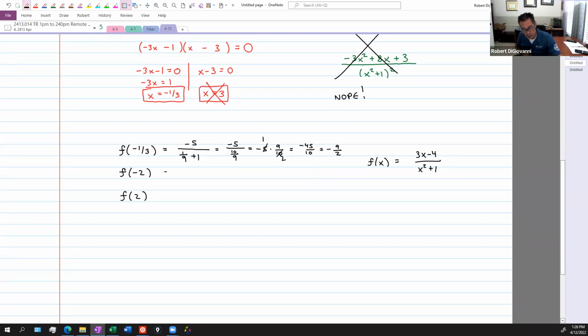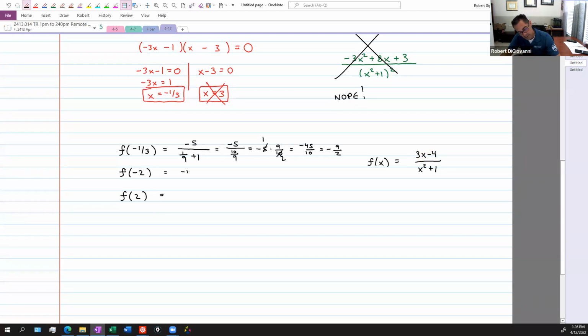When I plug in 2, I get 6 minus 4, it's 2 on top. And on the bottom, 2 squared is 4, plus 1 is 5. So I get 2/5 there. Wait a minute, hold on. I just screwed that up, didn't I? Sorry, I meant to plug in -2, but I plugged in +2. -2 gives me -6 minus 4.